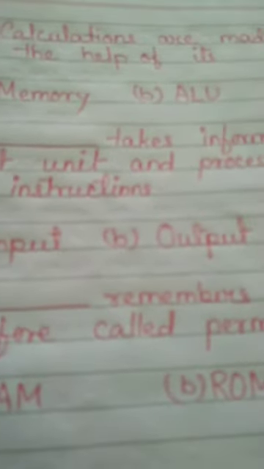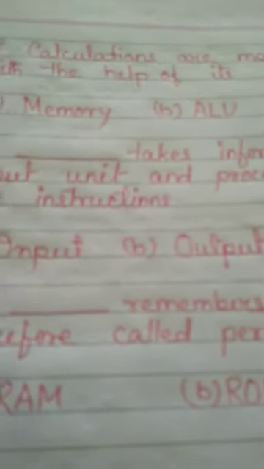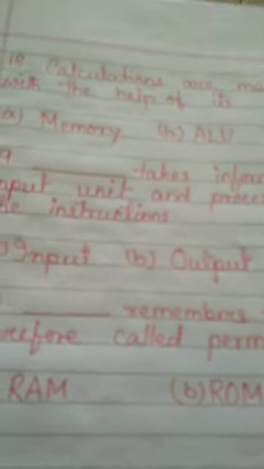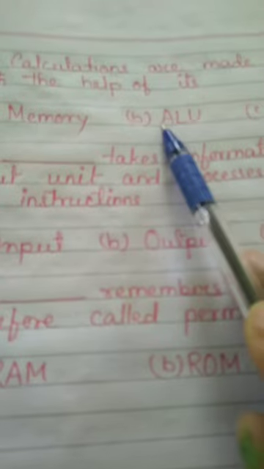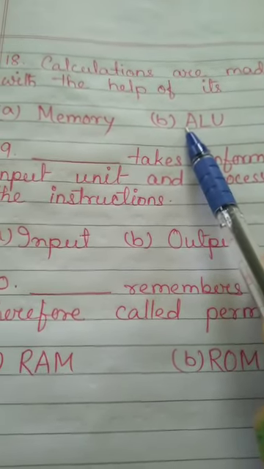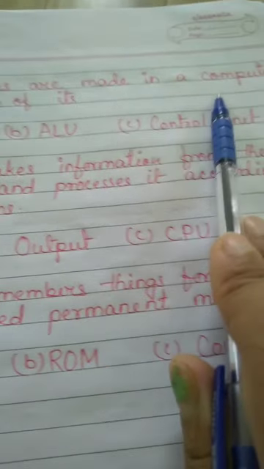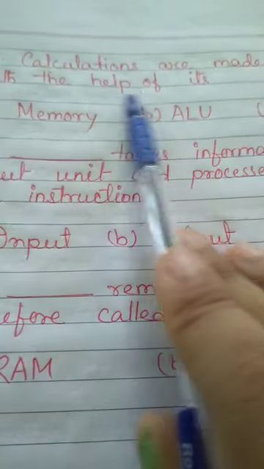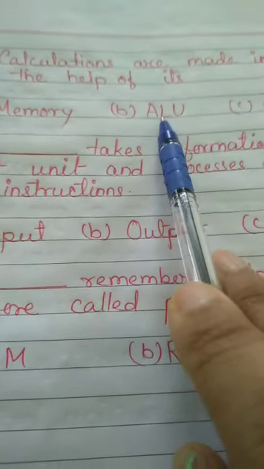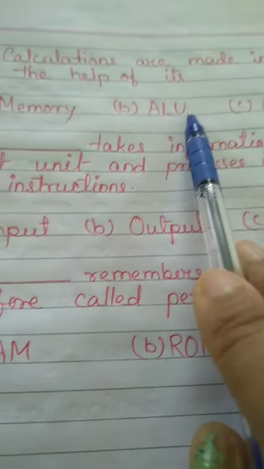Can you tell me that? Yes, ALU, arithmetic logic unit. So, option B is the correct one, is it not? Yes. Calculations are made in a computer with the help of its ALU, arithmetic logic unit.